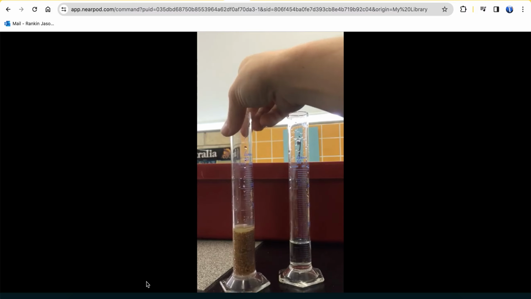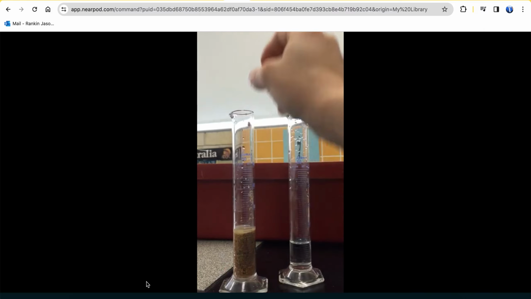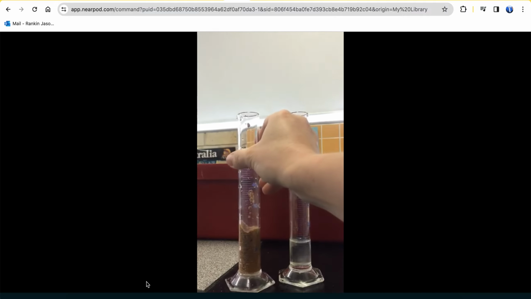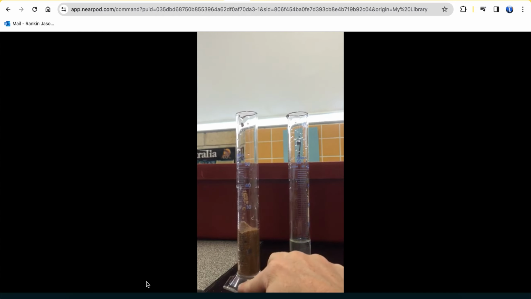Okay, so let's assume that that is all soaked in. It's pretty close. So I'm actually going to tip out the water that's pooling on the top there. Okay, so all of the air that was in there is now filled up with water.